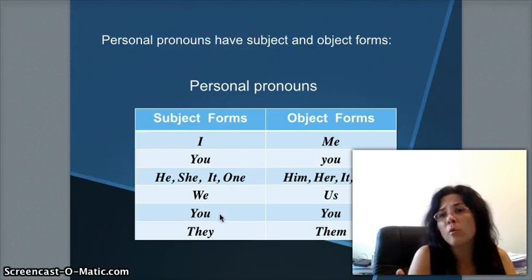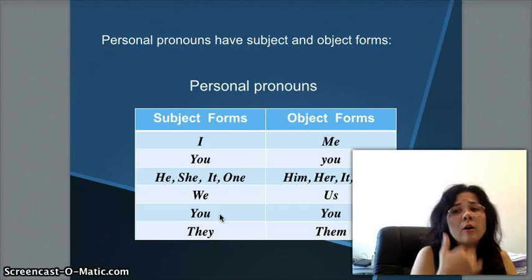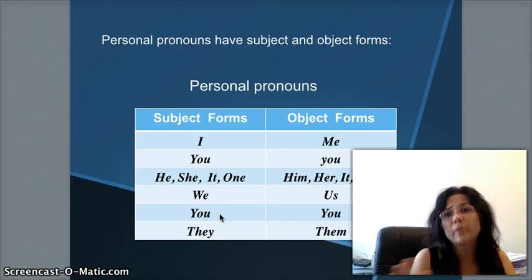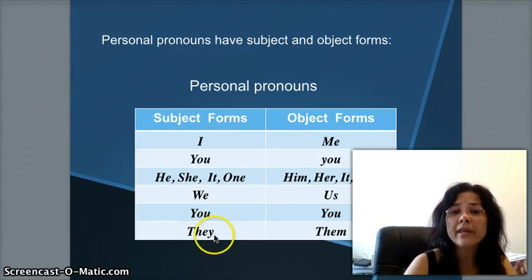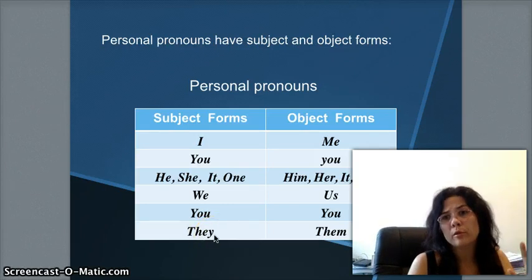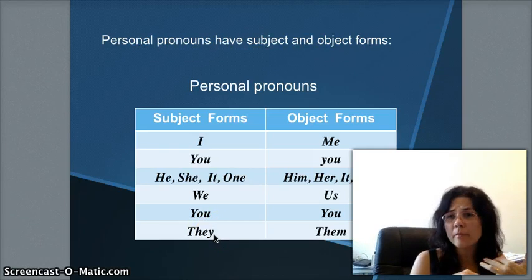Otherwise, we don't know whether it's you second person singular or you second person plural, okay? Only the context can distinguish them. And they for third person plural. And here in this case, it doesn't matter if we're talking about males, females, okay? Everything goes for they.